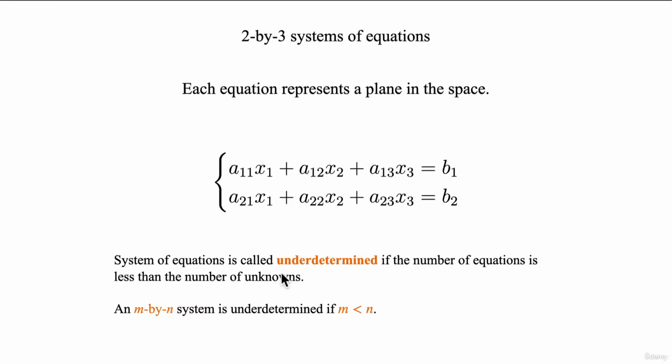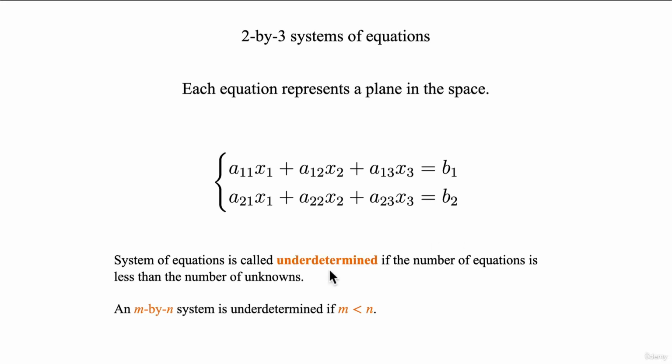And why is such a system called underdetermined? Well, because it has too few equations in order to determine a unique solution to the system. So the system is not representing a unique solution. It will either have no solutions at all, so we will call it then inconsistent, or it will have infinitely many solutions.